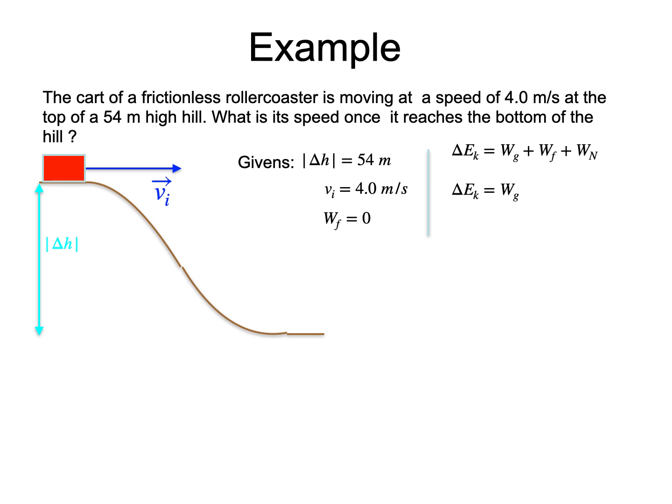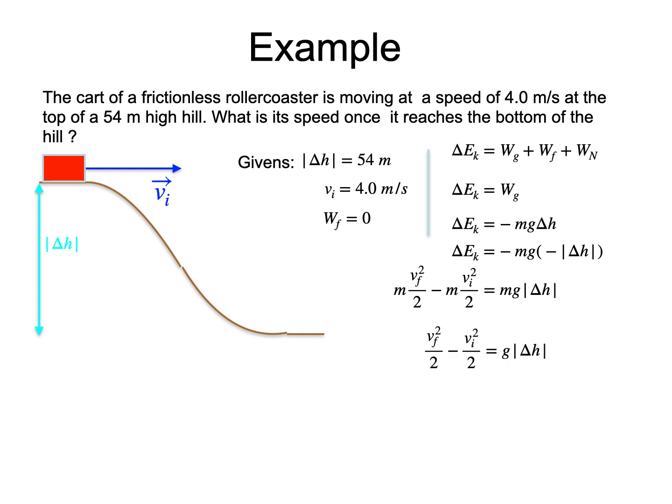Now is the time to use our expression for the work done by the gravitational force. Since the motion goes from the top to the bottom of the hill, the change in height of the cart is negative. Using the definition of the change of the kinetic energy gives this equation. Quite conveniently, since it was not given, we can simplify the mass on both sides and arrive at this.